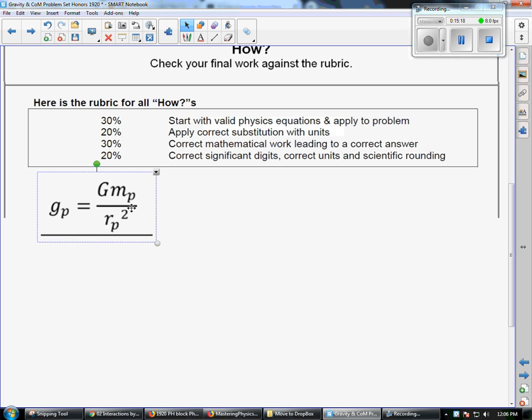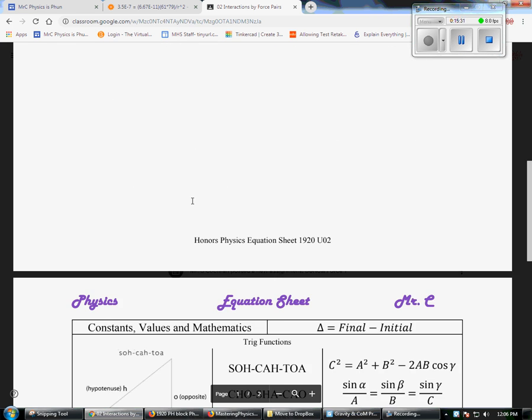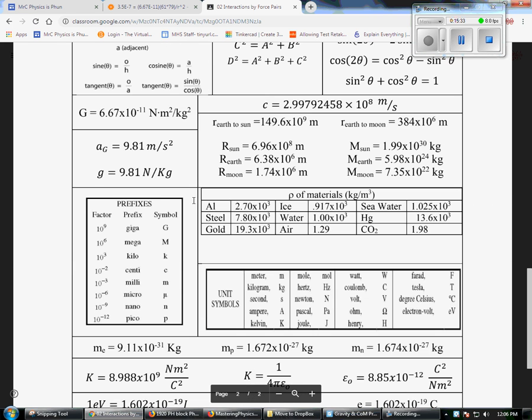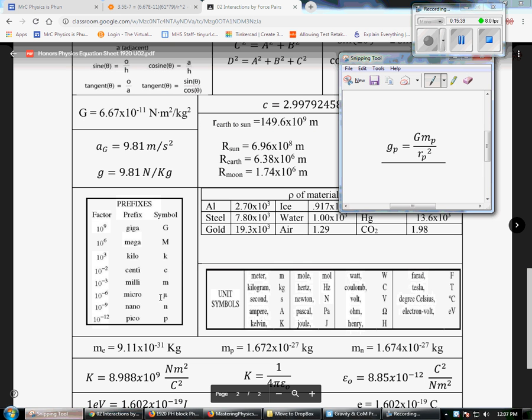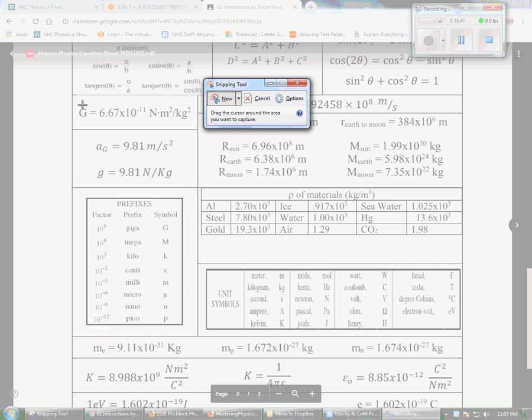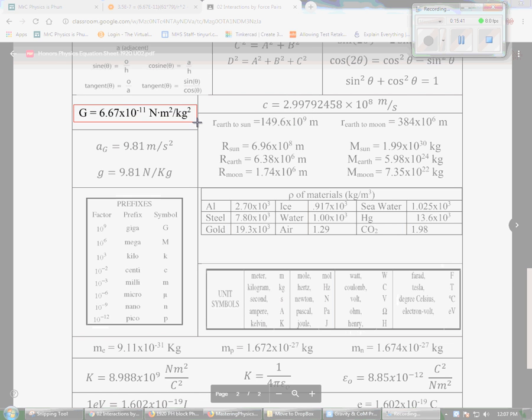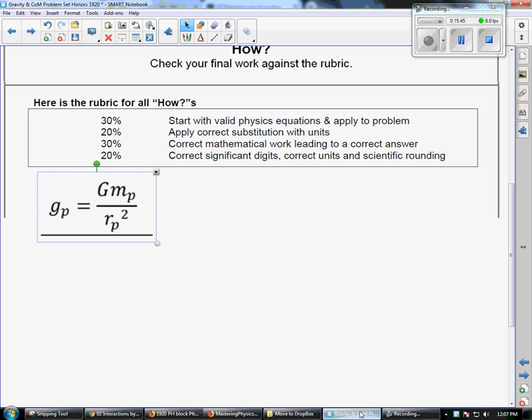And we need our universal gravitational constant again. We also need the mass of the planet, or the thing that's creating the gravitational field. What planet is creating this gravitational field that we're interested in? Earth. So we're going to need, so let me grab big G first. Big G into this, there we go.